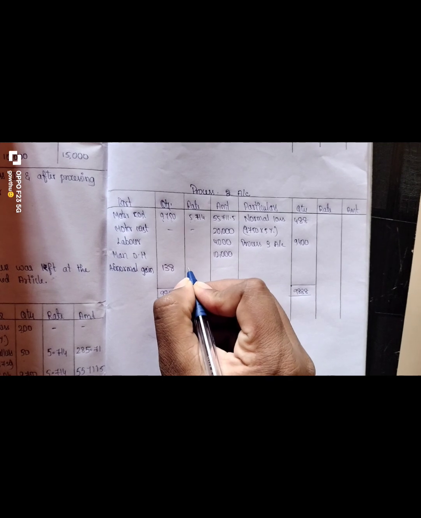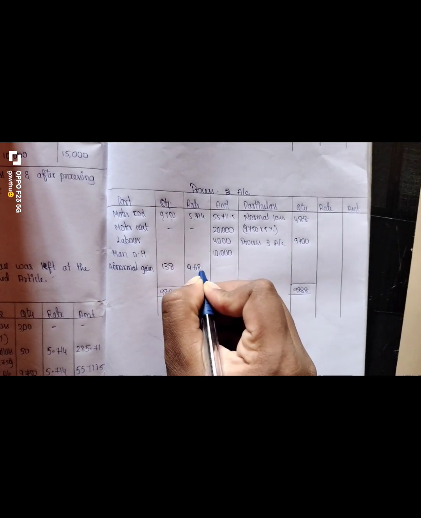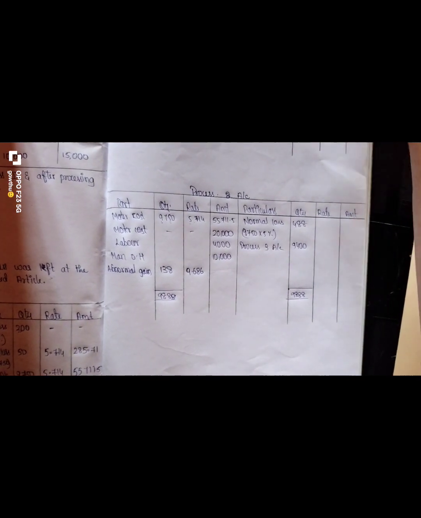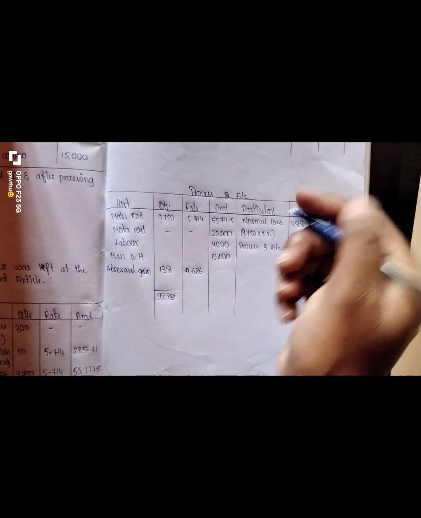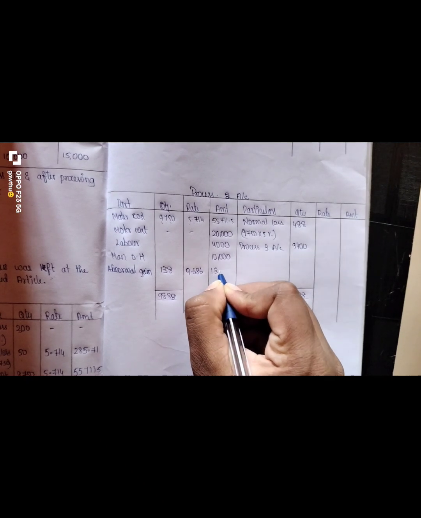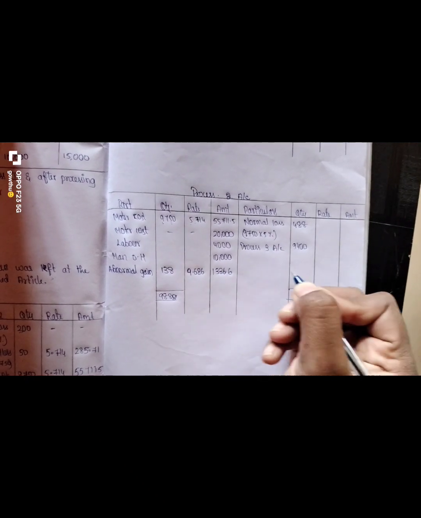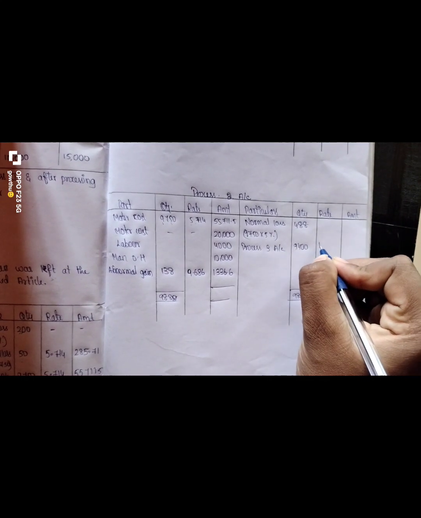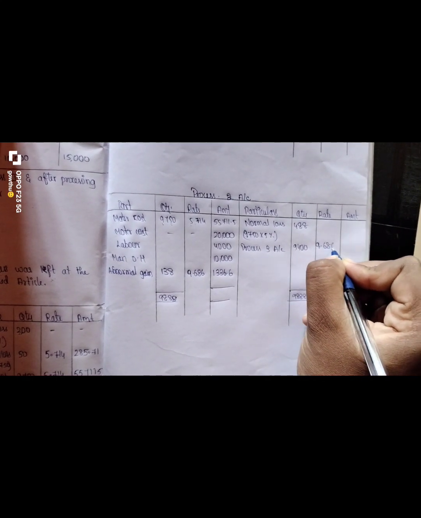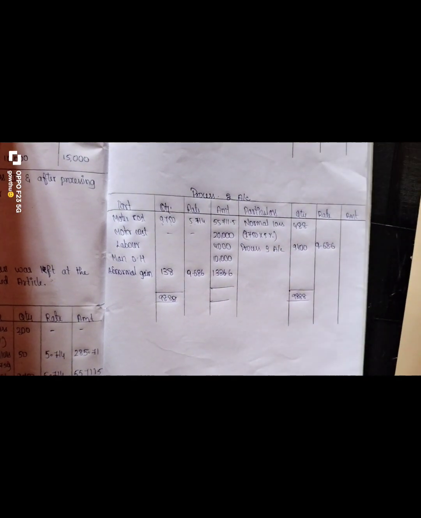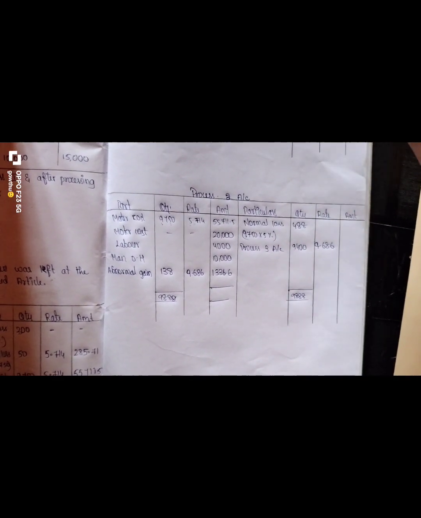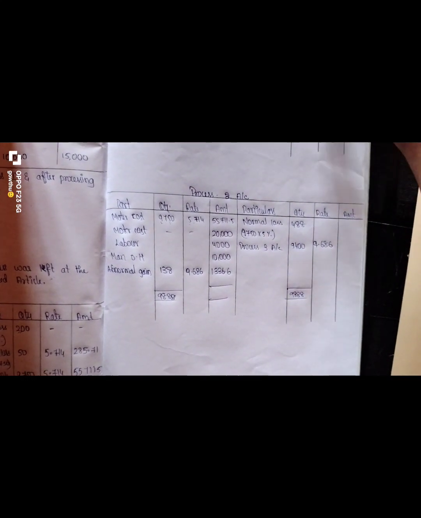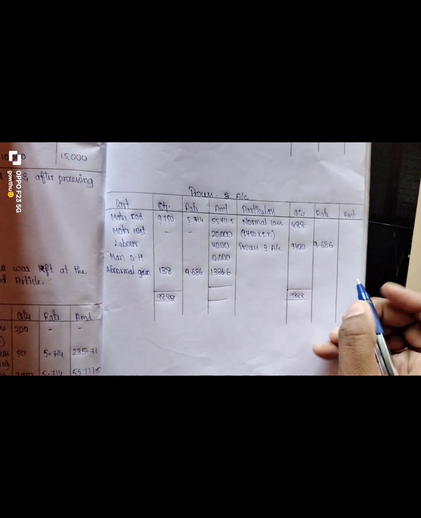Here 9.686 into 138, we will get 1,336.6. Here also for process 3 we have to multiply, right? 9,400 into 9.686, we will get the answer. We have to write in this place.